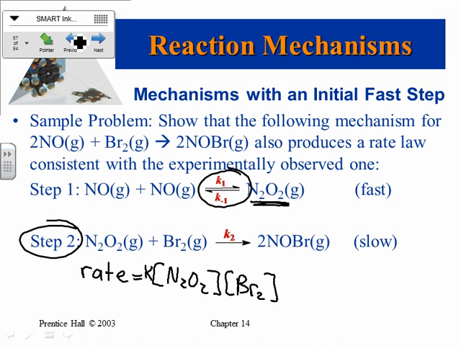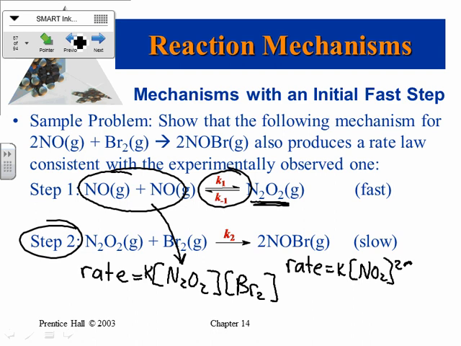But basically what we can do is substitute the two NOs in for the N₂O₂, okay? And then we end up with a rate law. Rate equals K times [NO]² times [Br₂]. Hey, that looks exactly like the other rate law that we wrote, right? Okay? So that's the basic idea of how the mechanism stuff works.